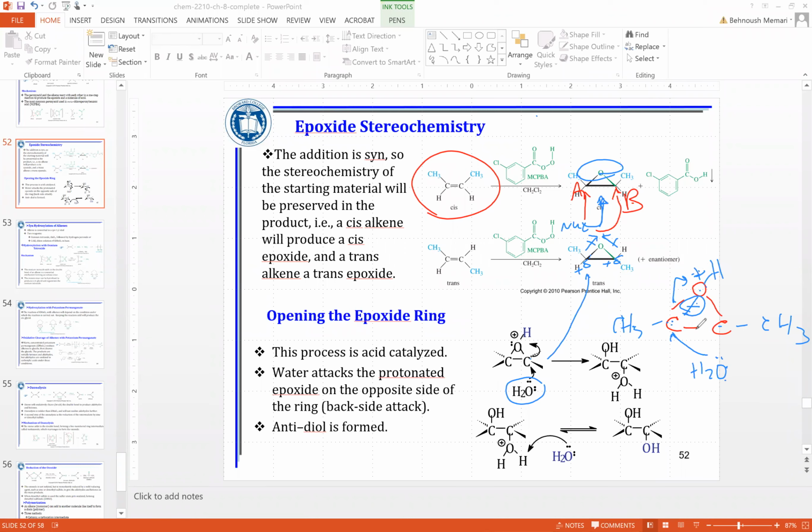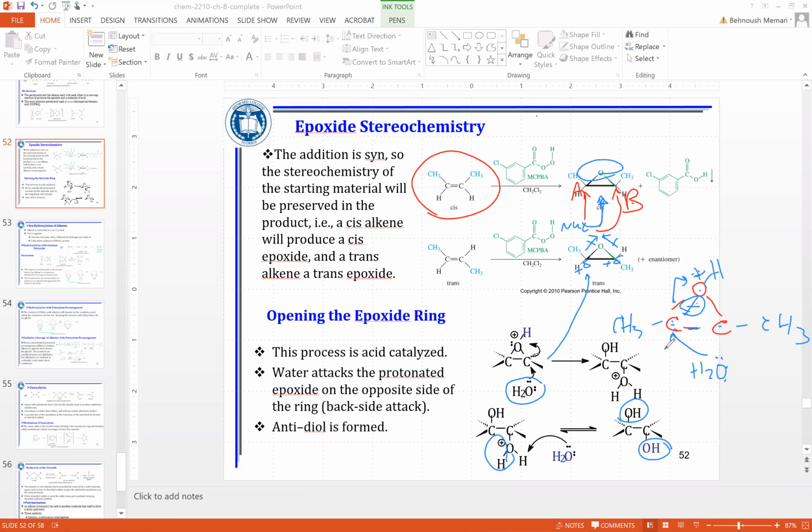So now you have the plus charge in this carbon that is going to be shared between carbon and the oxygen. On the next step, you have to remove the plus charge. So to remove the plus charge, you remove one hydrogen with the plus charge, and the net result is formation of diol.